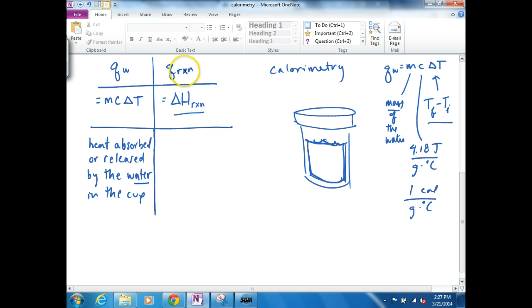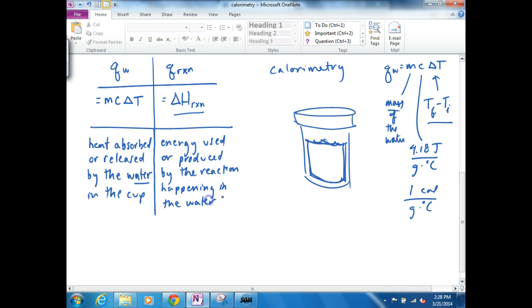Whereas Q subscript rxn, Q for the reaction, is going to be the energy used or produced by the reaction happening in the water.